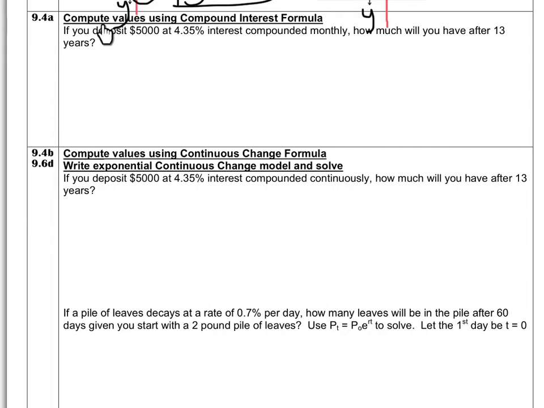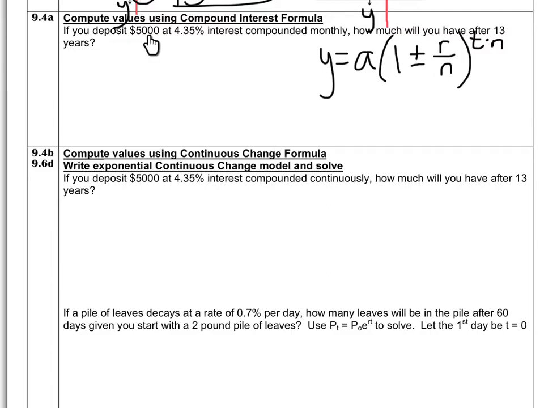9.4a wants us to compute values using the compound interest formula. Remember that formula was y equals our starting amount, and then it's 1 plus or minus your rate over how many times a year, over your time period times how many times per year. So if we read this problem, we deposit $5,000 at 4.35% interest, compounded monthly.